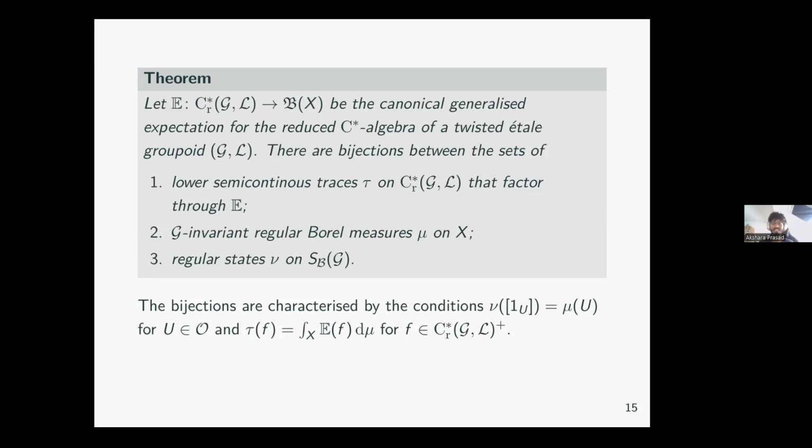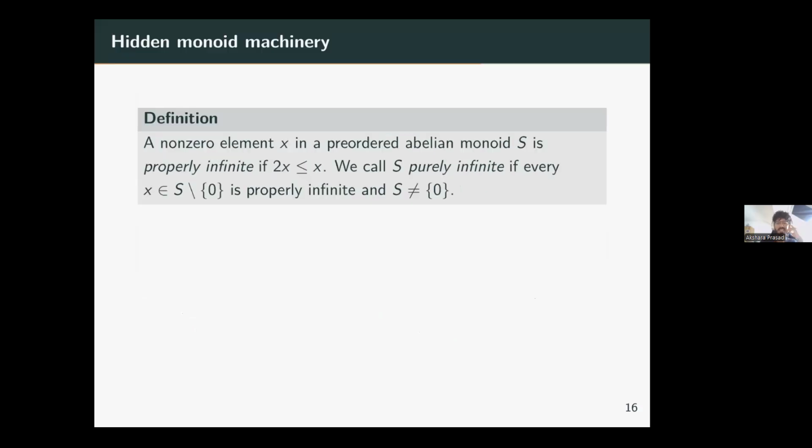But before I go to that, in a lot of our results here, there was a lot of use of results on pre-ordered abelian monoids, and many of the statements we have are in the generality of pre-ordered abelian monoids and not just the type semigroup. And there are some definitions from there which I'll need in my final statement. But most of you would know this, I assume.